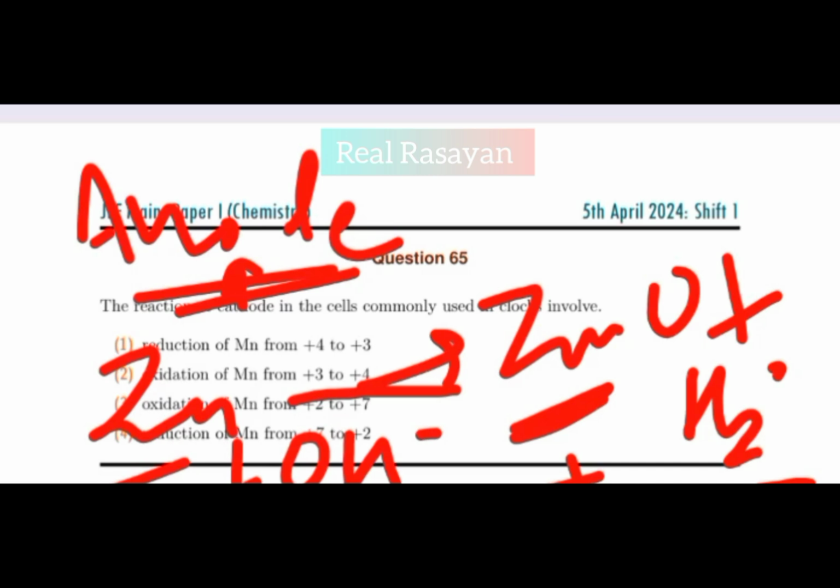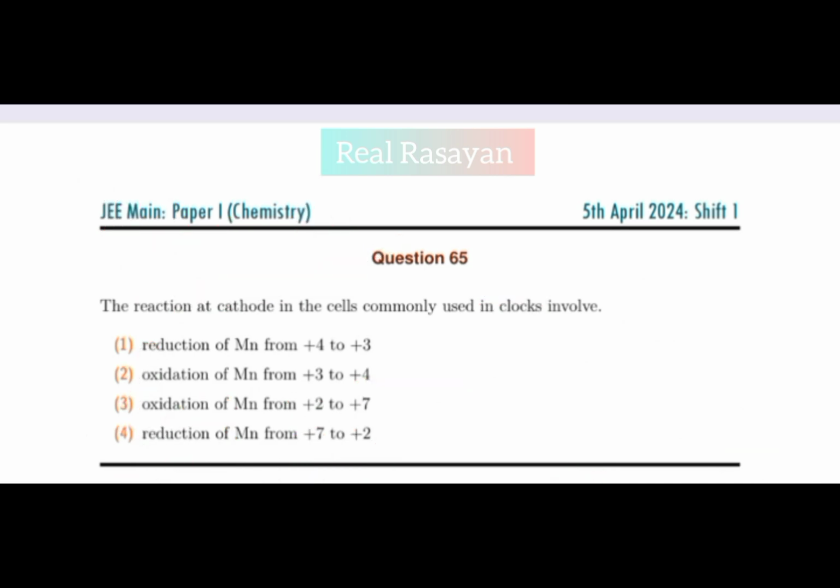So we can identify the oxidation number of manganese in manganese dioxide is plus 4 and in Mn2O3 is plus 3. So it changes from 4 positive to 3 positive. So there is a gain of electron, and gain of electron is the reduction here. So the answer will be 4 positive to 3 positive.